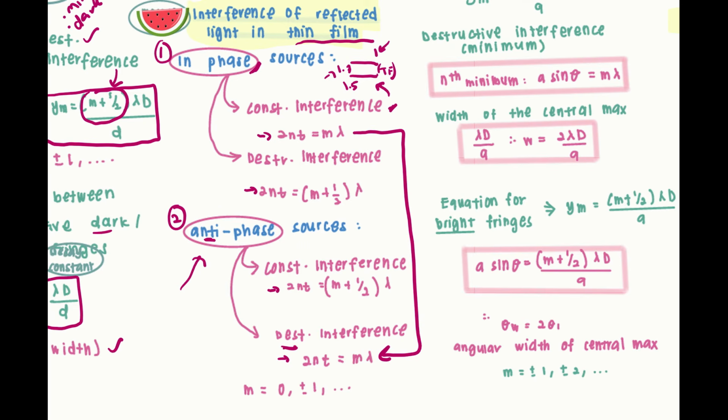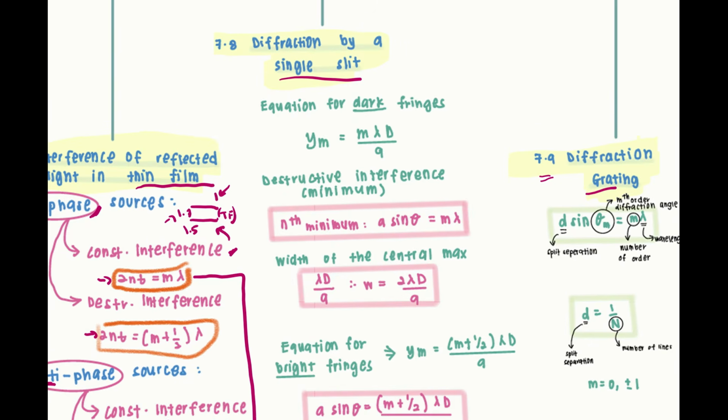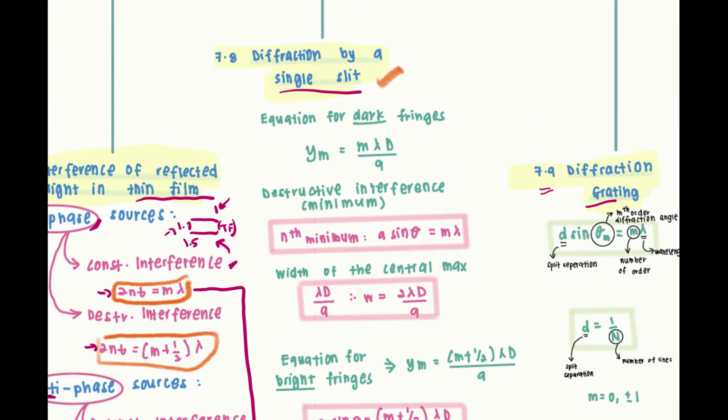Please remember that in your exam the formula is given, but we only have two formulas, this one and also this one. You need to know that these two formulas are actually for two cases, constructive and destructive, for in phase or antiphase.